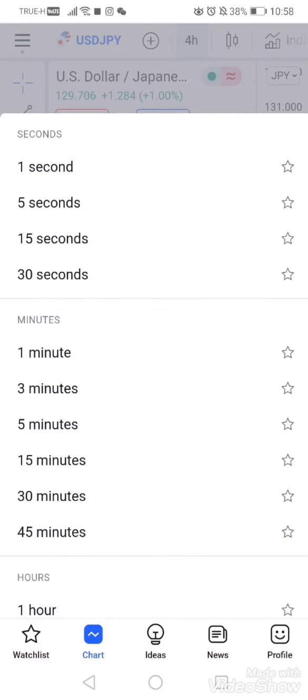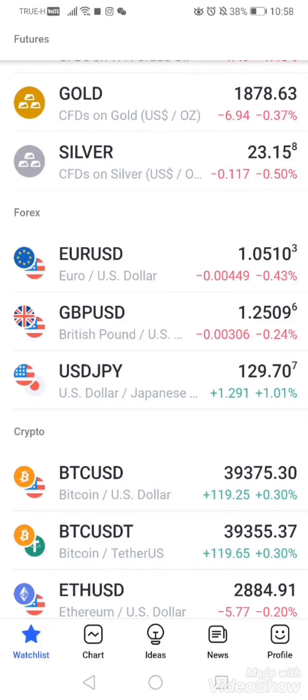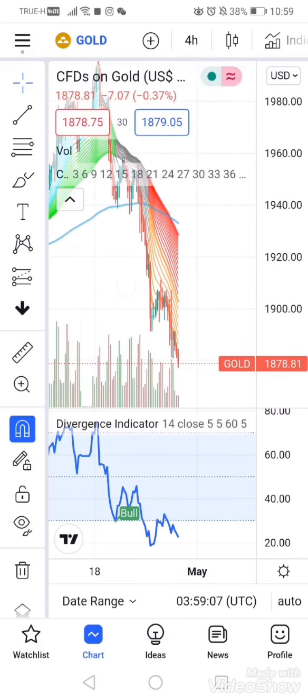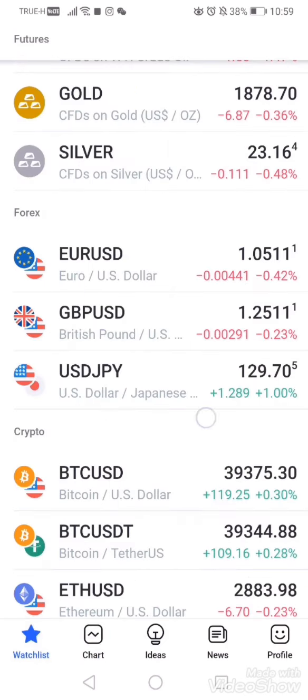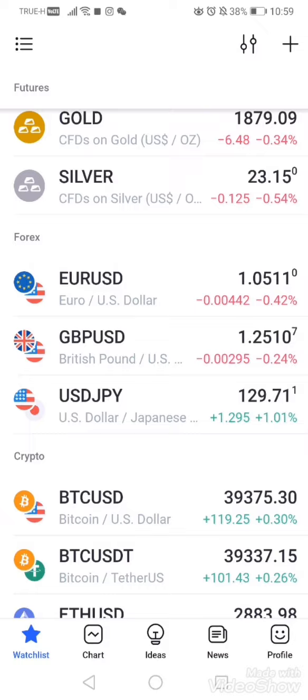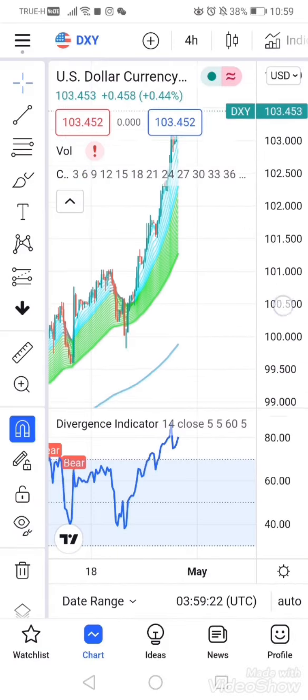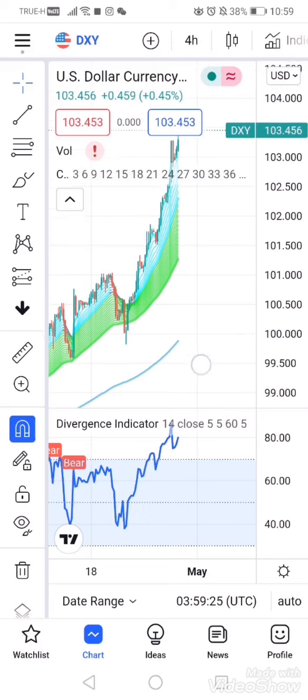Now, we go back to the watch list over here, and I would be looking at a couple of other things as well. Right now the general market is in a risk off, and what that means is, when people are into risk aversion, through the years people have always gone into US dollar, and as a result the US dollar index is stronger than ever.